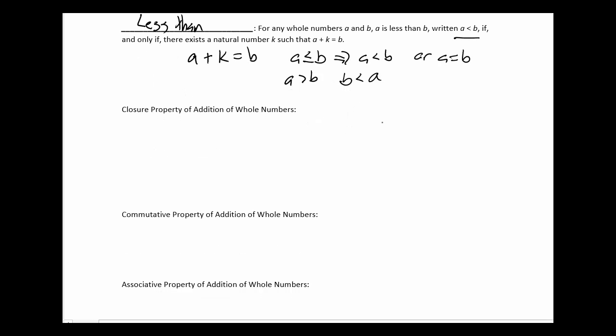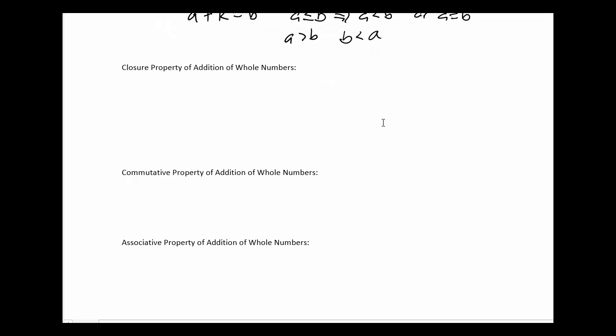Okay, so let's just look at a few properties here. The closure property of addition of whole numbers. Closure is sort of interesting. It says that if I take any two numbers that exist in some sort of criteria, I can add them and I get another number that also exists in that same criteria.